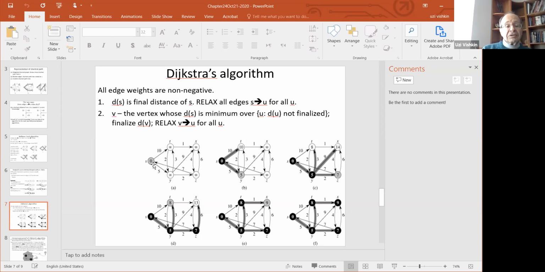So through S, you have d of S plus 10, which is clearly better than infinity. So it's 10, and we buy that. Here we say distance S plus 5, it's better than infinity for Y, so we write 5 here. Okay. So this is the very first iteration of the algorithm.